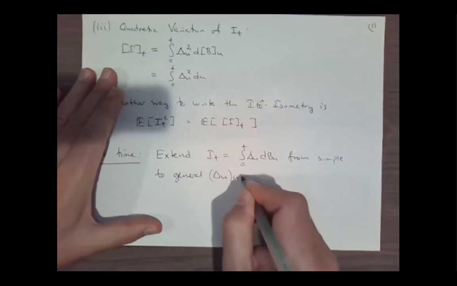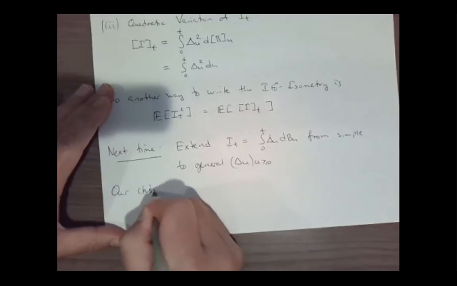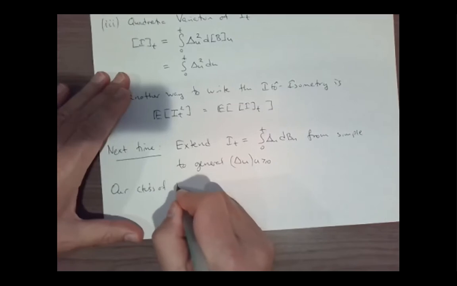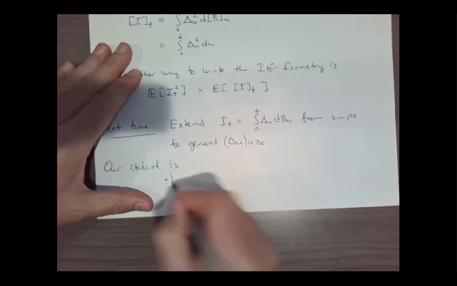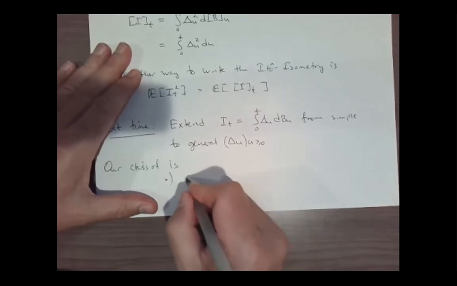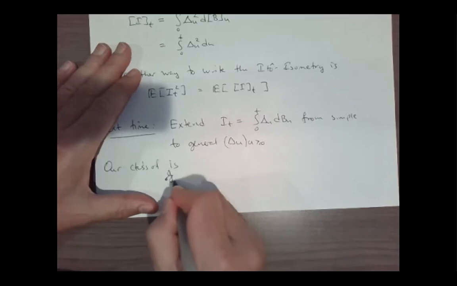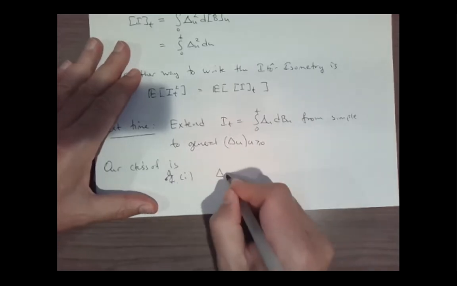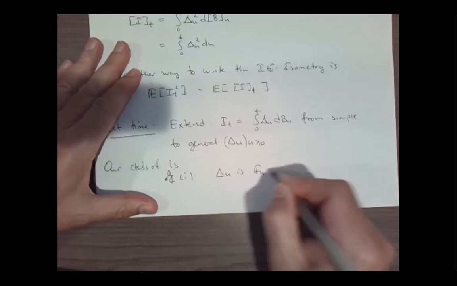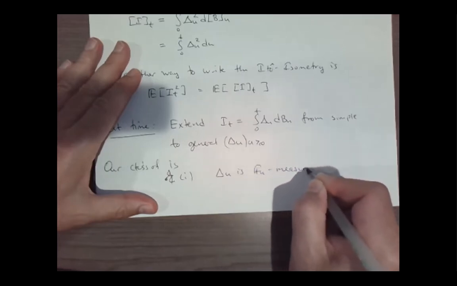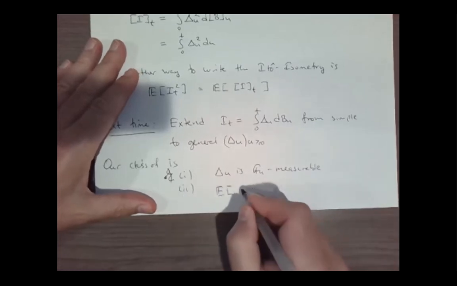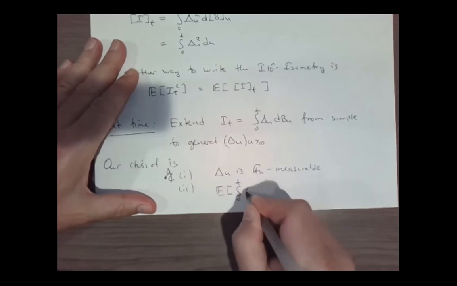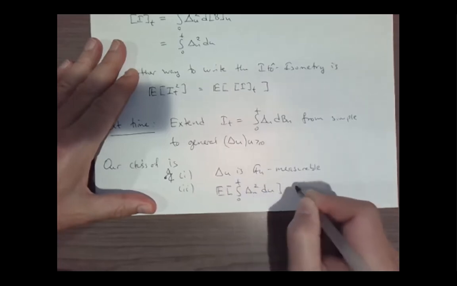Our class of deltas is given by, first, delta u is F_u measurable. And the second property is that the expectation of the integral from 0 to t of delta u squared du is finite.